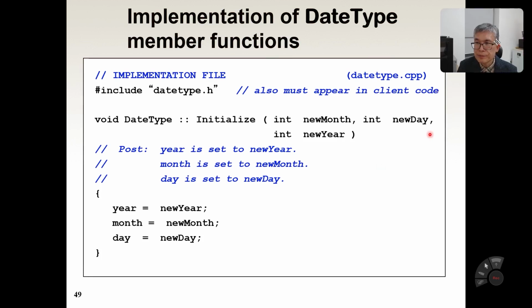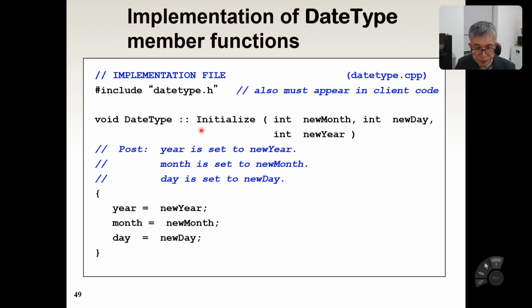Okay, and then the implementation of the data type member functions. In the data type .h file we include the definition of the class data type, and then in data type .cpp we call initialize. This one is a class, and this is the class identifier, this is a specifier.